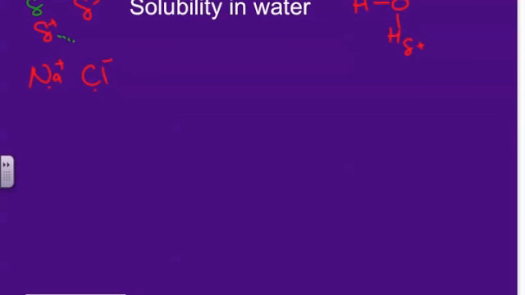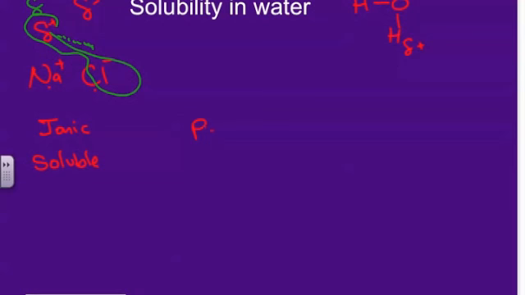So even though these are only partials, there is some sort of attraction between these. I should say that's ionic, so it should be very soluble in water.